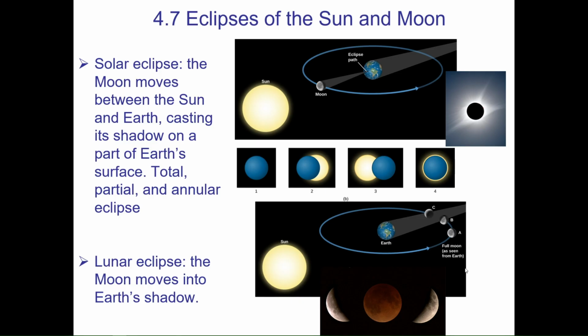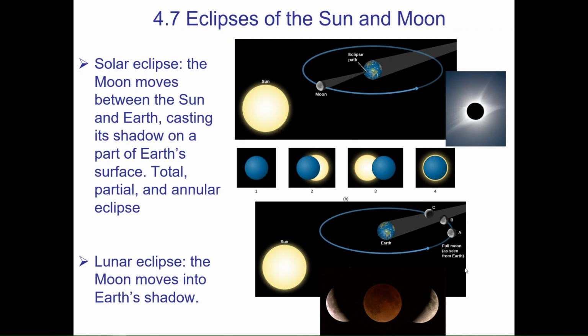That is all I want to talk about in Chapter 4. In Chapter 4, we first talked about the coordinate system in the celestial sphere, and then we talked about how the cause of seasons is due to the 23.5 degree tilt of Earth's rotational axis.